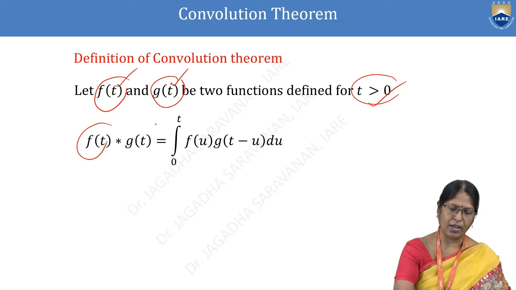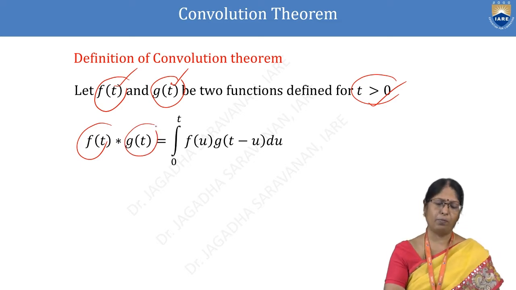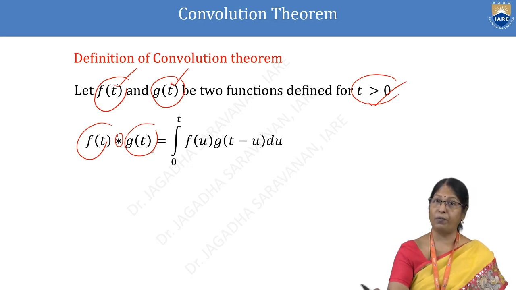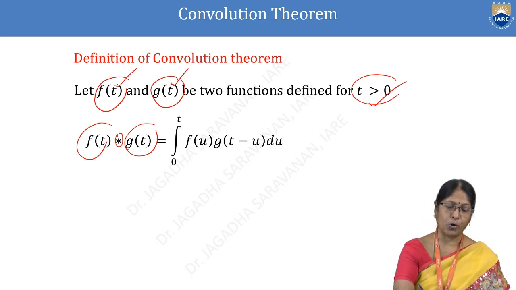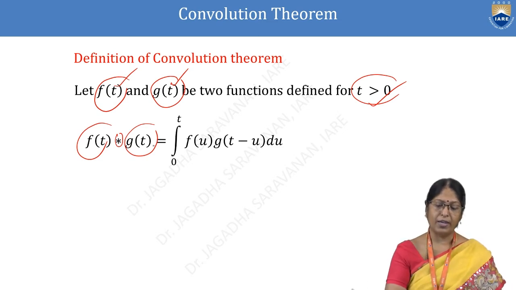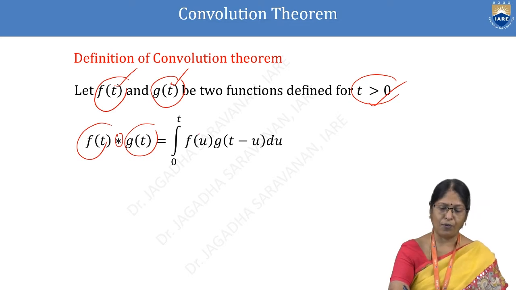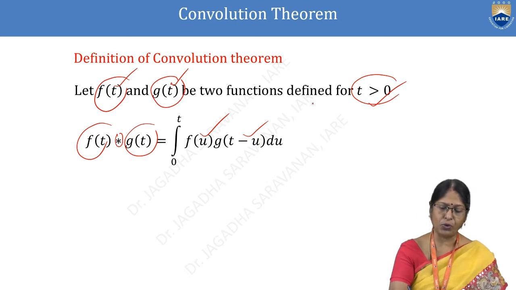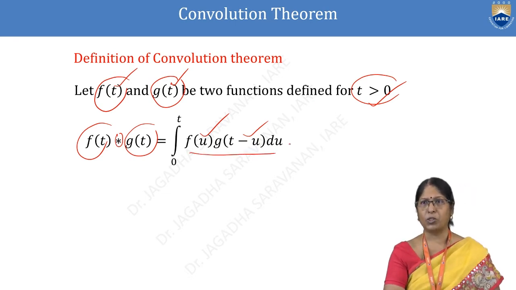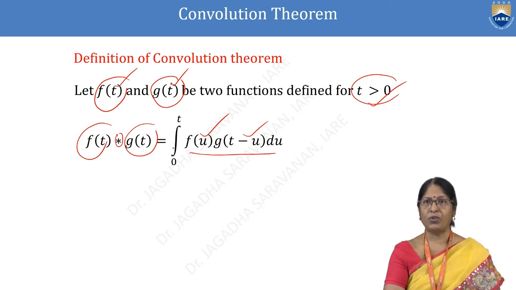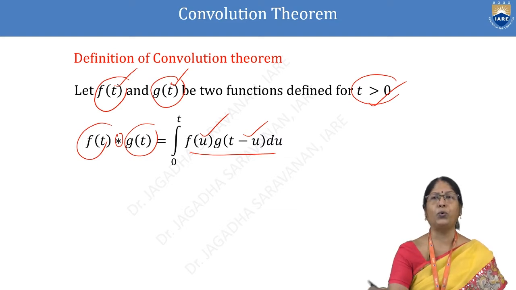Here f of t and g of t are connected by a small star. That is the product. How do we read this? The product of the two functions f of t and g of t is nothing but the integral of f of u into g of t minus u, with respect to u, taking the range from 0 to t.